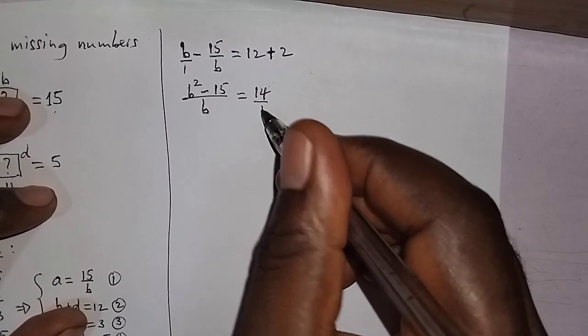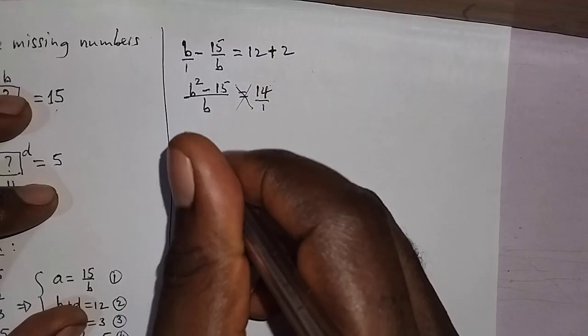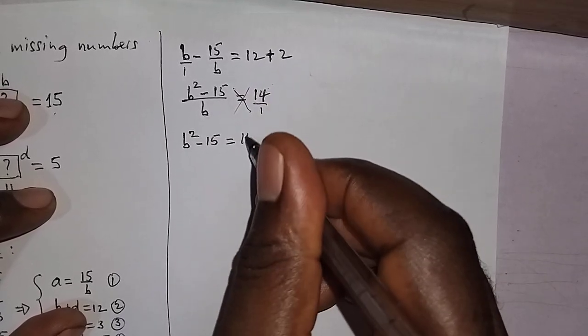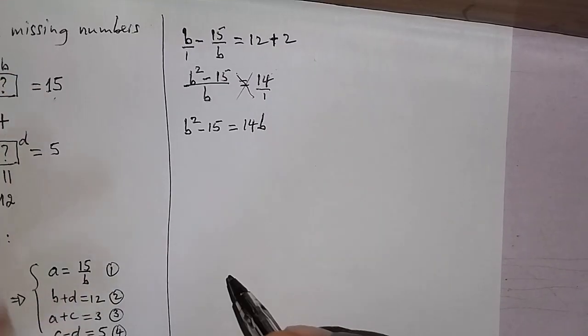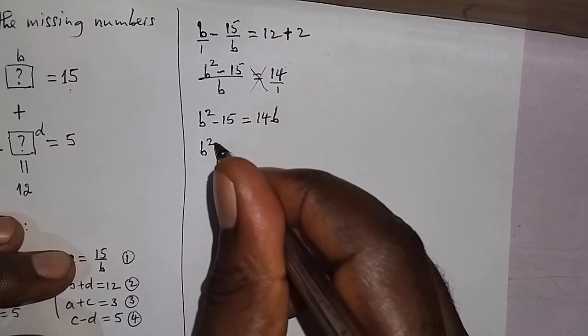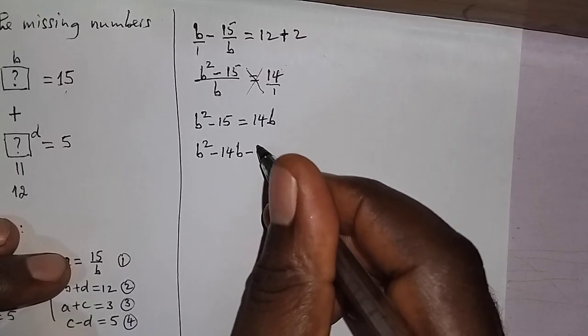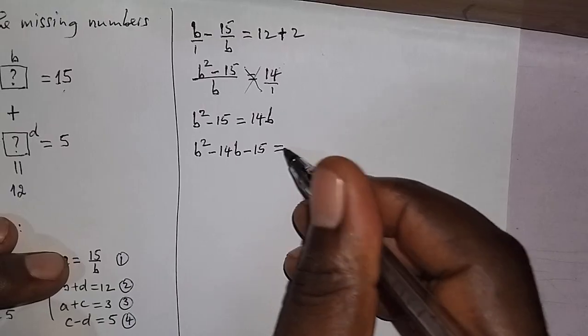So we cross multiply. B square minus 15 is equal to 14 times B. So it is B square minus 14B minus 15 is equal to 0.